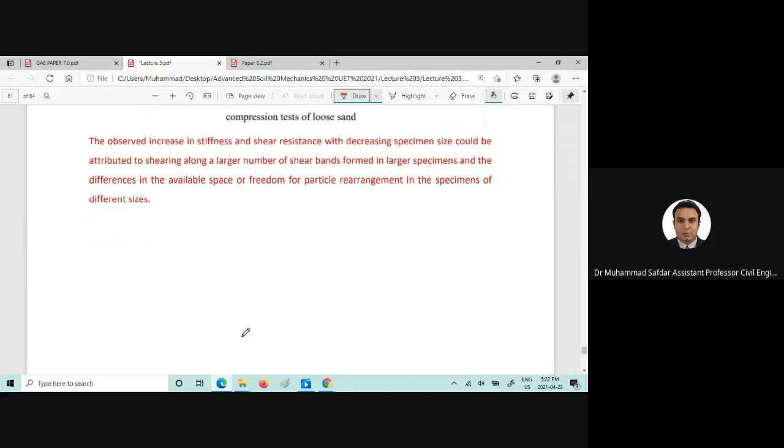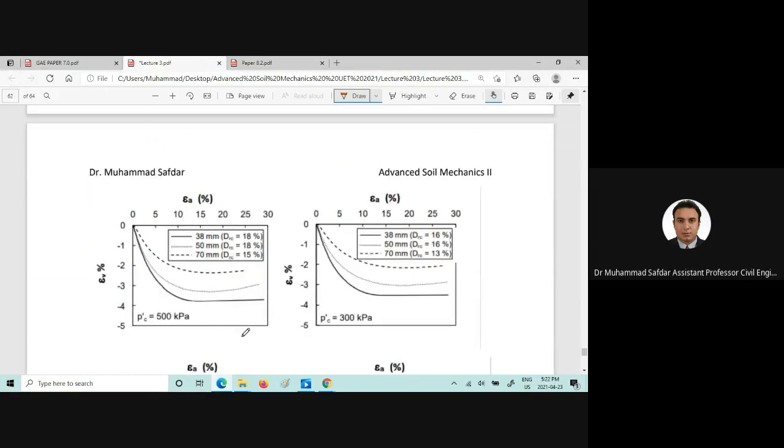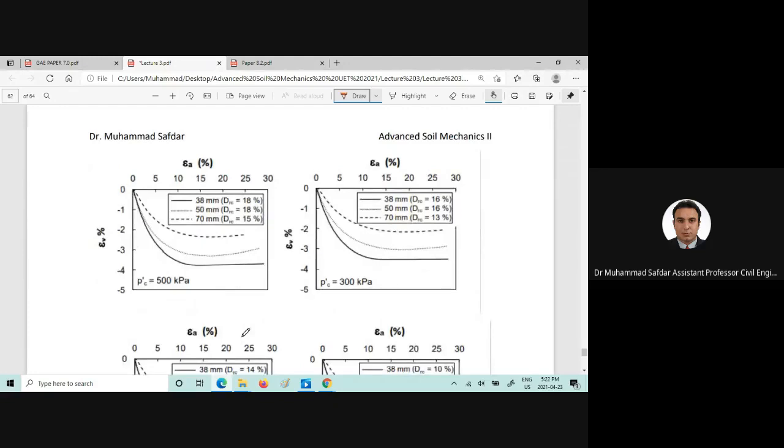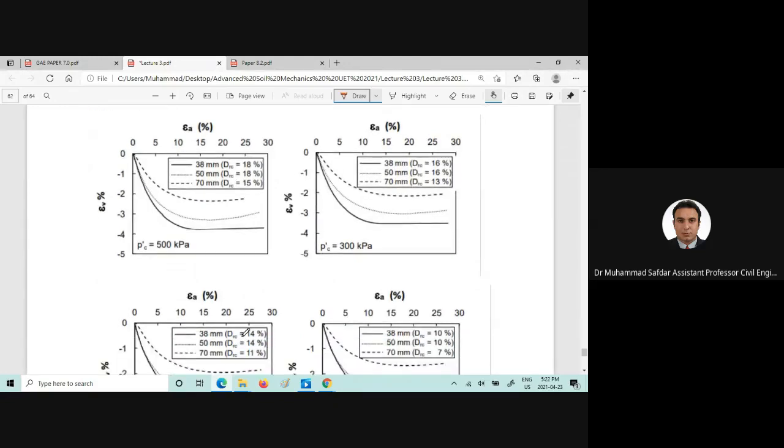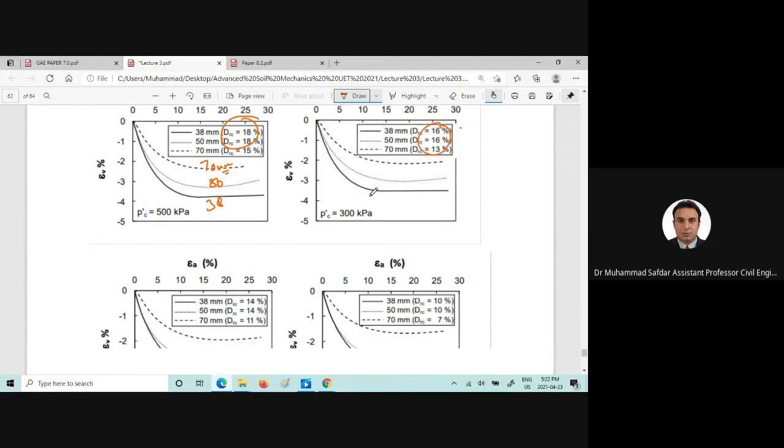Like the shear band formation will also play a vital role in the shear strength of the soil, and the volumetric strain behavior for various specimen diameters, for example, the 38 millimeter, 50 millimeter, and 70 millimeter diameter, can be seen with the various relative densities.